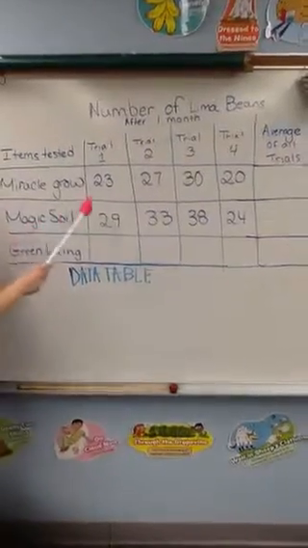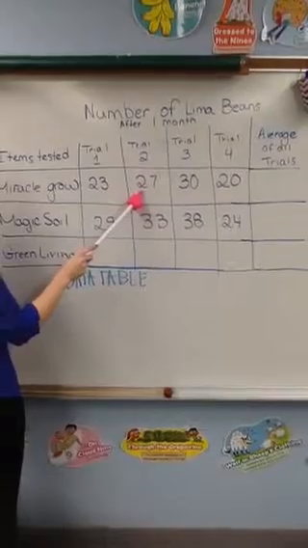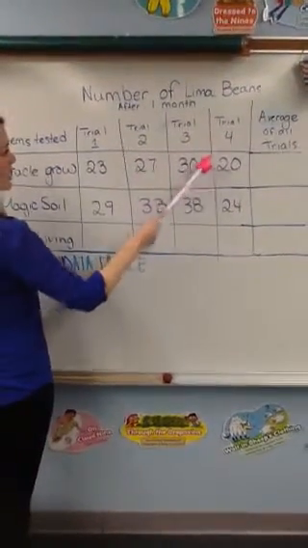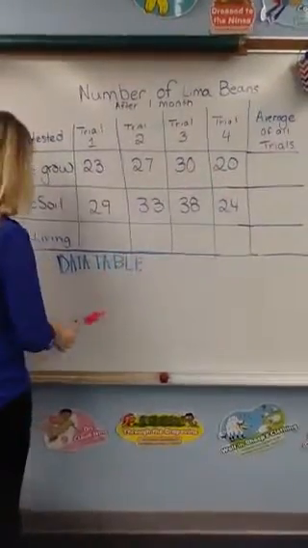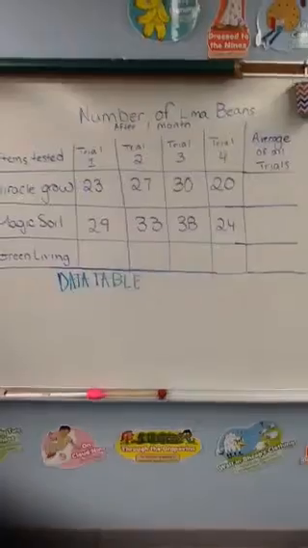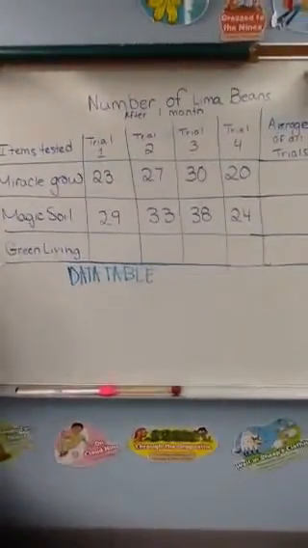So for Trial 1, we averaged 23. Trial 2, we averaged 27. For Trial 3, we averaged 30. And for Trial 4, we averaged 20. So these are all the Miracle Grow. So now we're going to take those and average what our Miracle Grow did across those 4 trials.